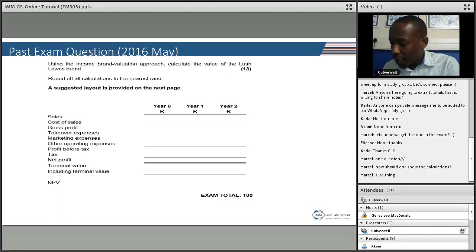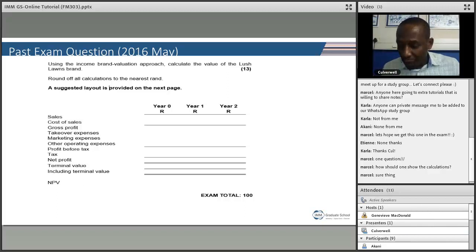Terminal value is only going to affect the last year of your projection. In this regard, my last year is year 2. So my terminal value for year 0 and year 1, I'm not going to have anything there.